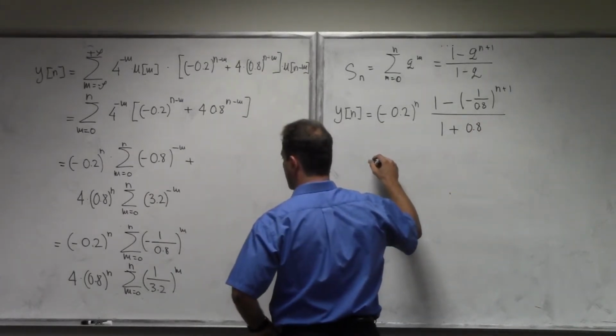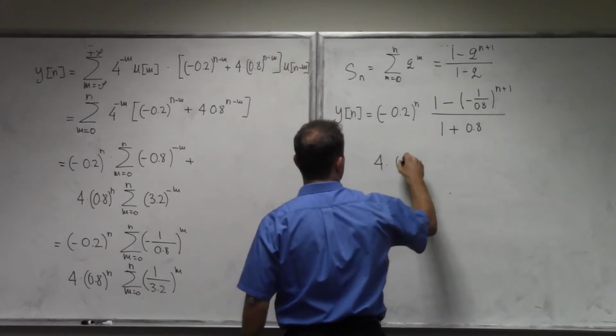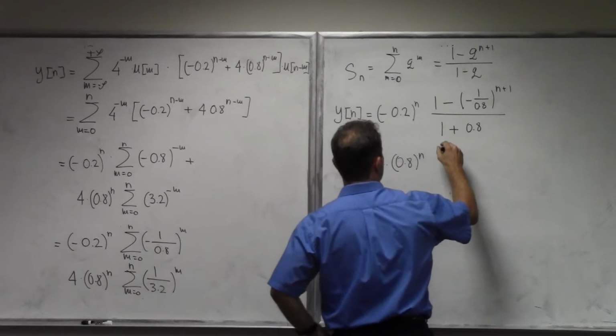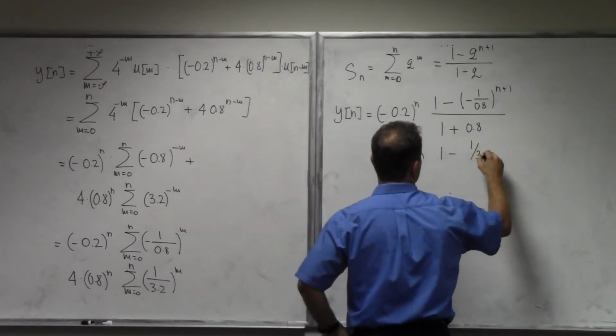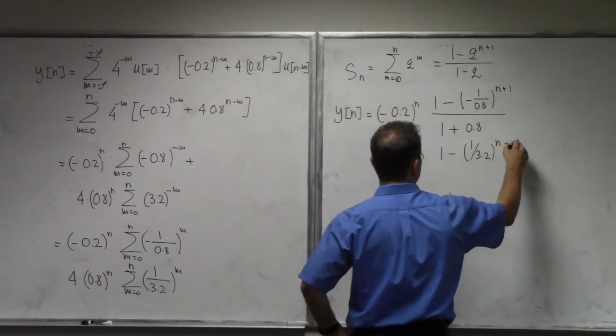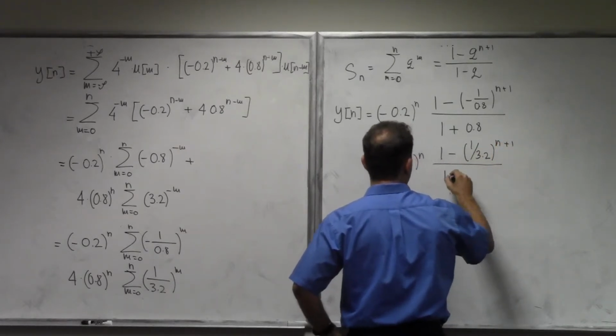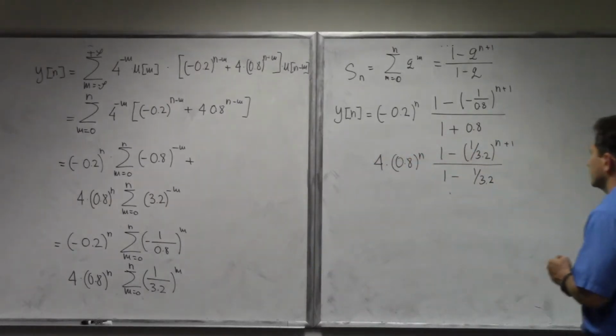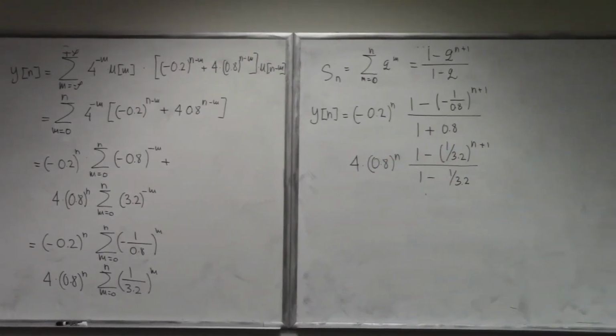And then the second one becomes 4 times 0.8 to the power of n, and then here 1 minus 1 over 3.2 to the power of n plus 1 divided by 1 minus 1 over 3.2. Okay?